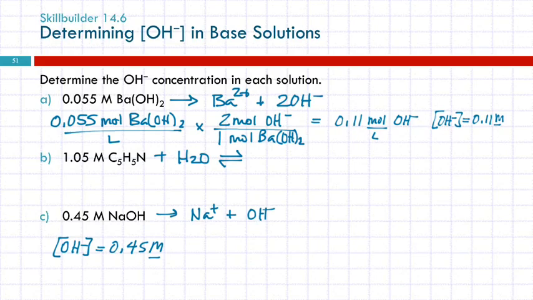We could finish that equation, but that's kind of icky, right? This is a weak base. So what does that tell us about the concentration of hydroxide compared to 1.05? It's less. So the hydroxide ion concentration is less than 1.05 molar. Any questions?